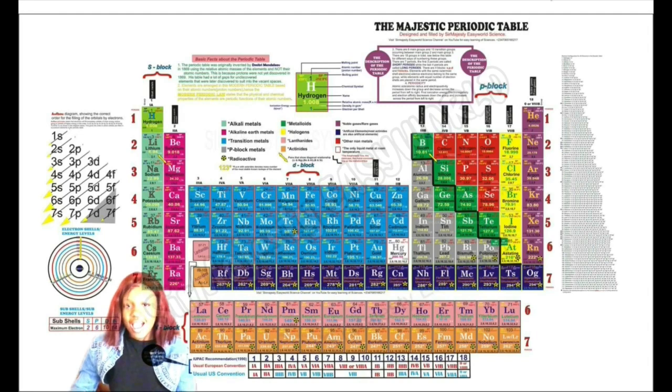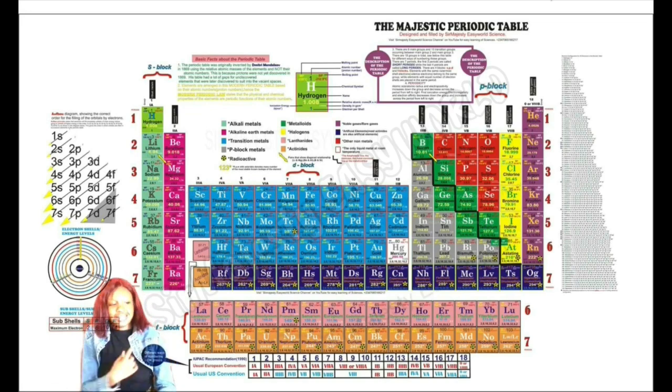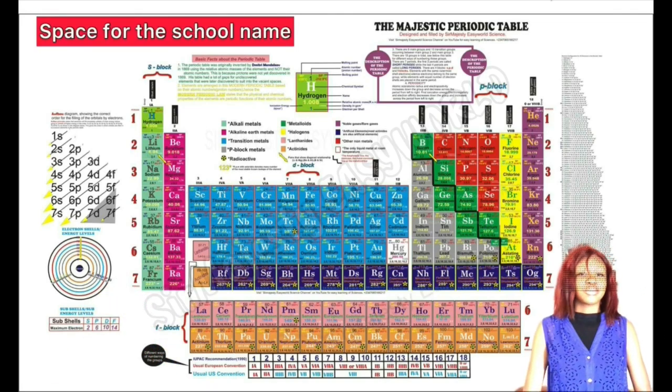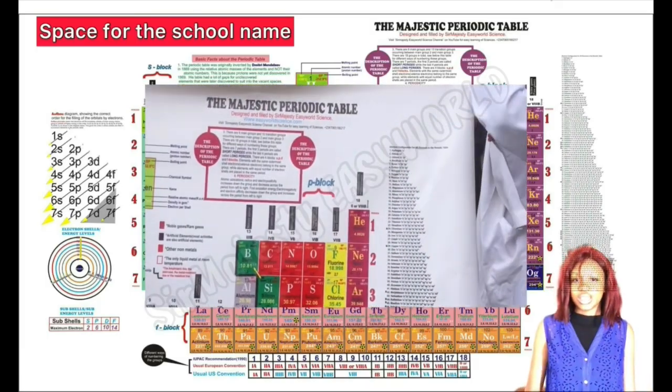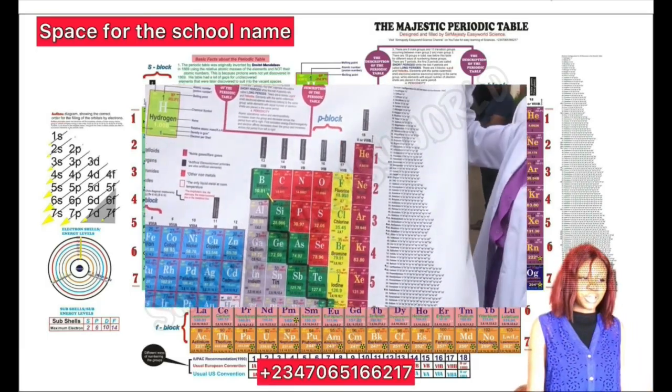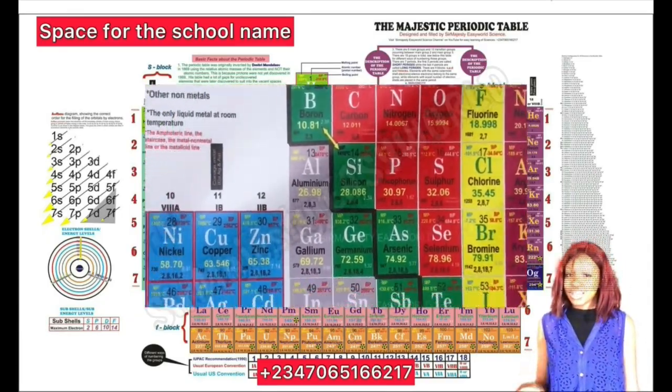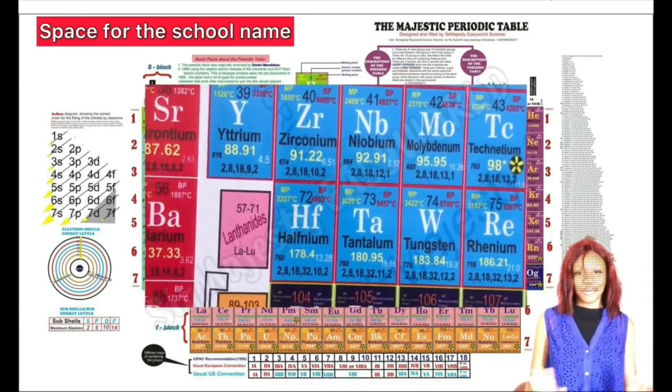Wait a minute. Have you heard about the Majestic table? It was designed and recommended by Her Majesty himself. Here it is. The amazing thing about the Majestic periodic table is that it provides a clear and colorful classification of elements from P block metals to metalloids to liquid metals. It also shows the boiling and melting points of all the elements.